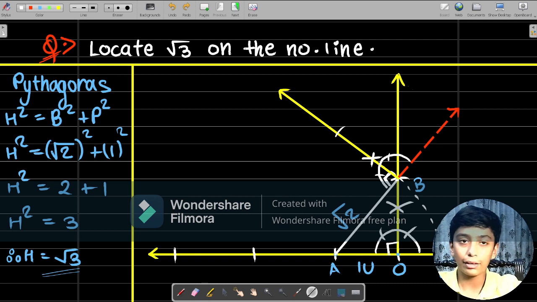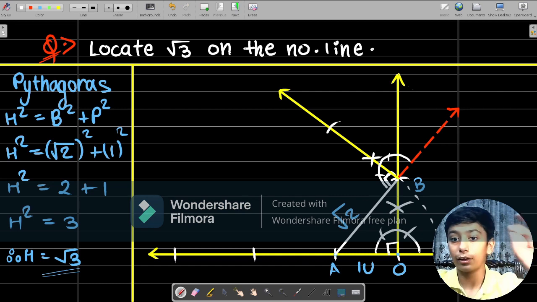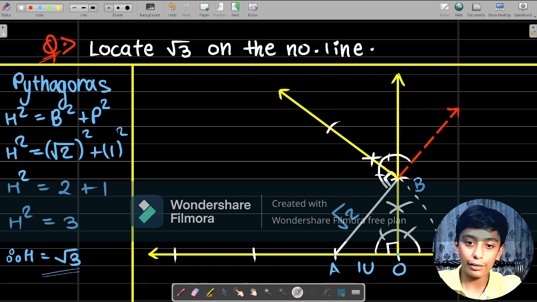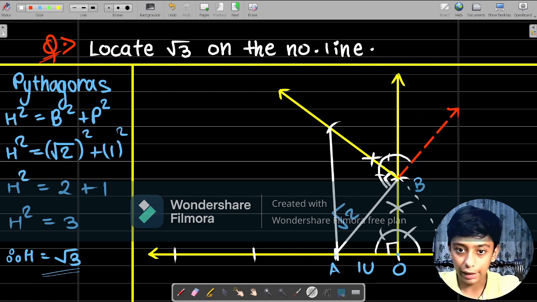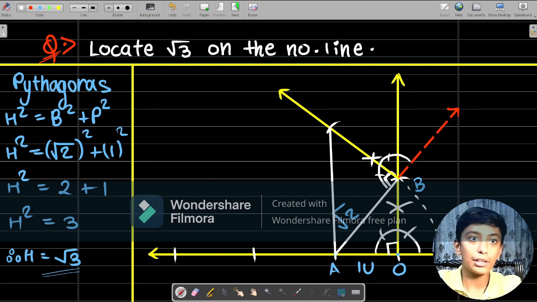Let me just increase the point till, let's say, this is 1 unit. Then I will make the line from that point to here, and let us name that point C. So C is this point's name.